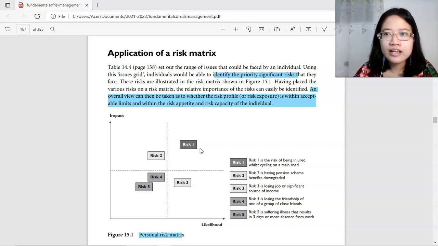And then the second would be risk ranking, depending on their impact and likelihood, then you would plot them here.